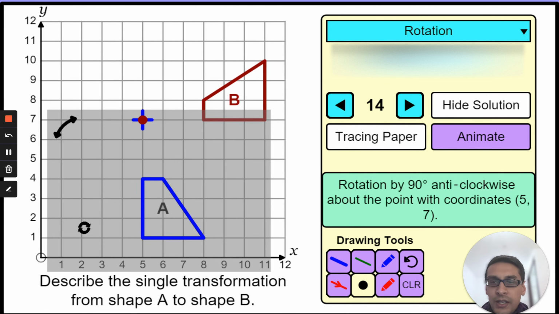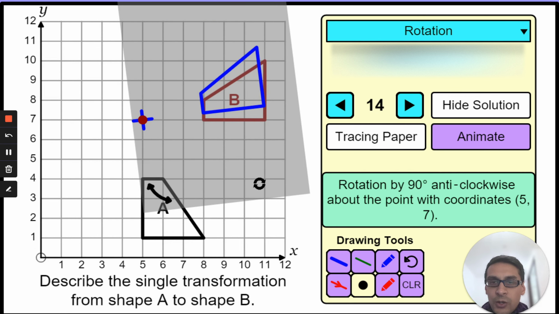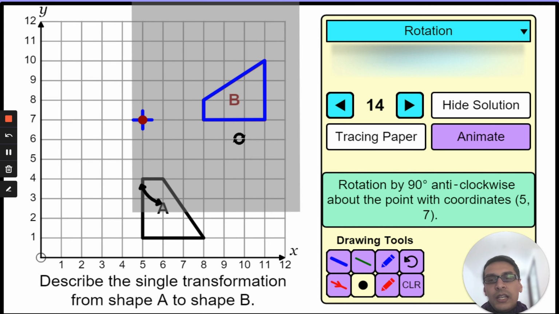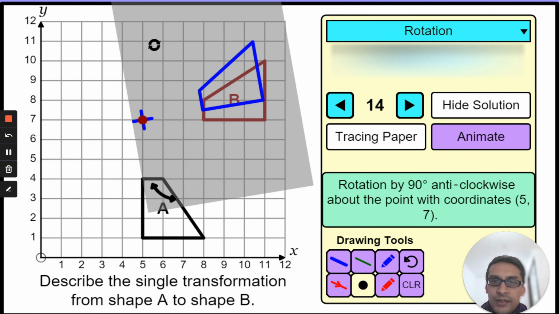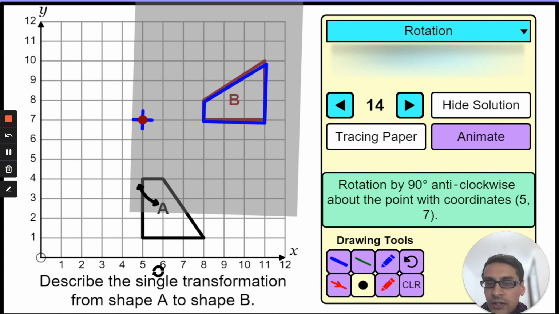And you can see from there, if we go 90 degrees anti-clockwise about that point, we get the shape. The other answer, which is also valid, is 270 degrees anti-clockwise. Both are correct. And we got the coordinates. The center of rotation is 5, 7.